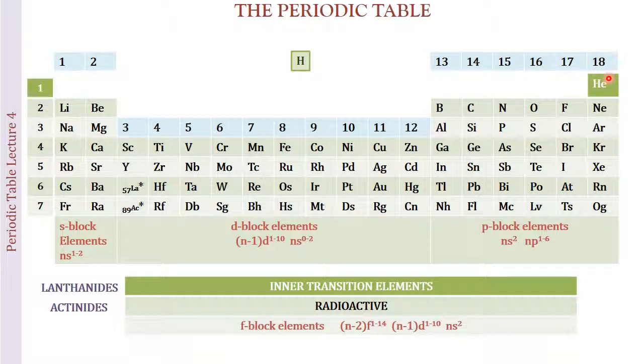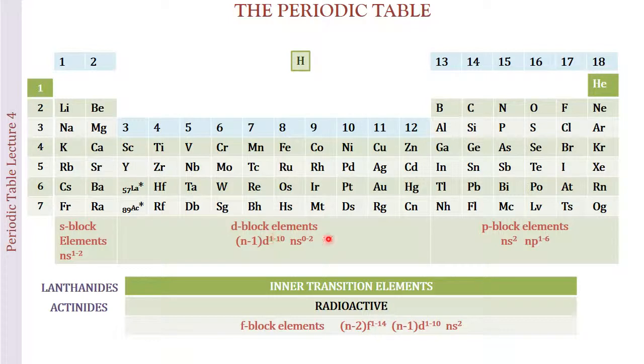You will understand all this later, but all these are filling in the p orbitals, except helium, where the last electron is going into the s orbital. The general electronic configuration for the p block elements is ns2 np1 to 6.